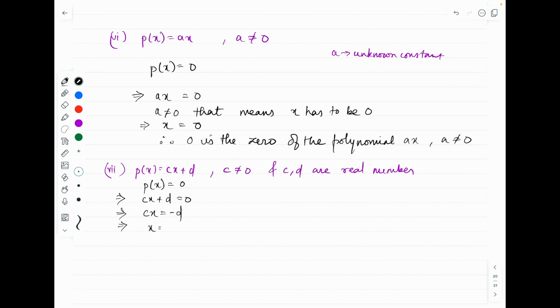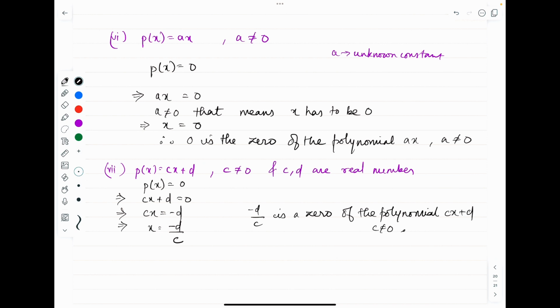Instead of multiplication, on the other side it will be division. So x equals minus d by c. So from here we can write minus d by c is a zero of the polynomial cx plus d, where c is not equal to 0 and c, d are real numbers.